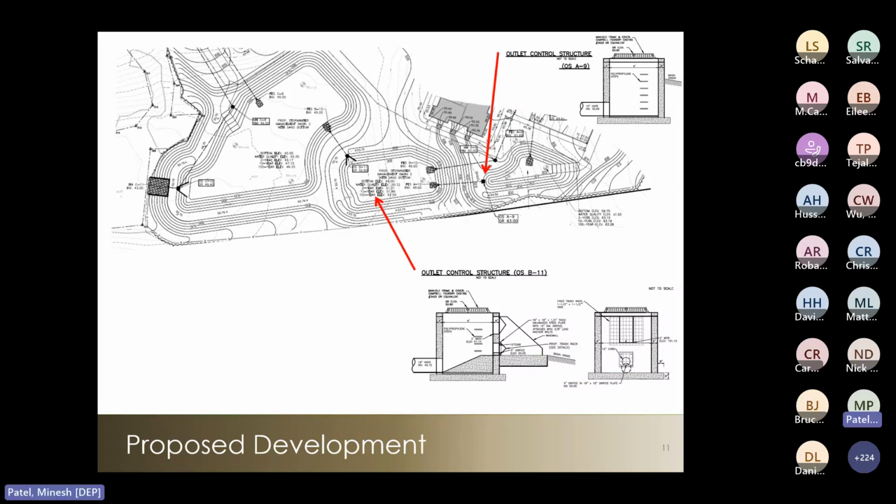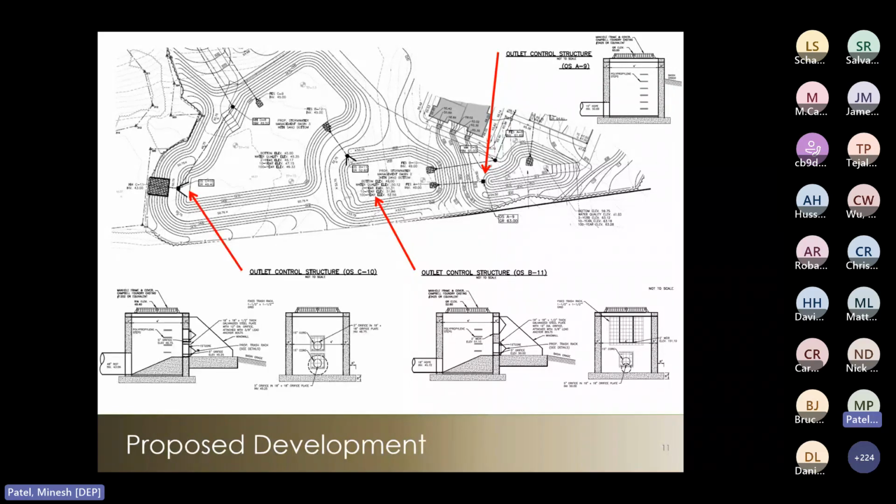If you look at the detail, the lowest orifice has an invert of 50, which is below the water surface elevation of the water quality design storm that's contributory to Basin 2. So Basin 2 wouldn't meet the design criteria for infiltration basins according to our BMP manual.